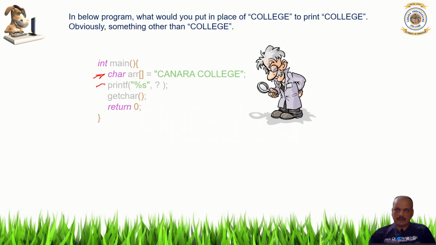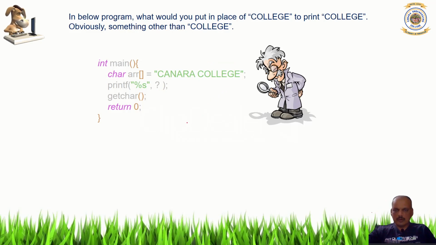In this part of the code, what is being asked is, what can you fill in here so that you can print just the college part from this character array or string? You need to write something apart from just the word college. I just need to get this part out from the string and print it.